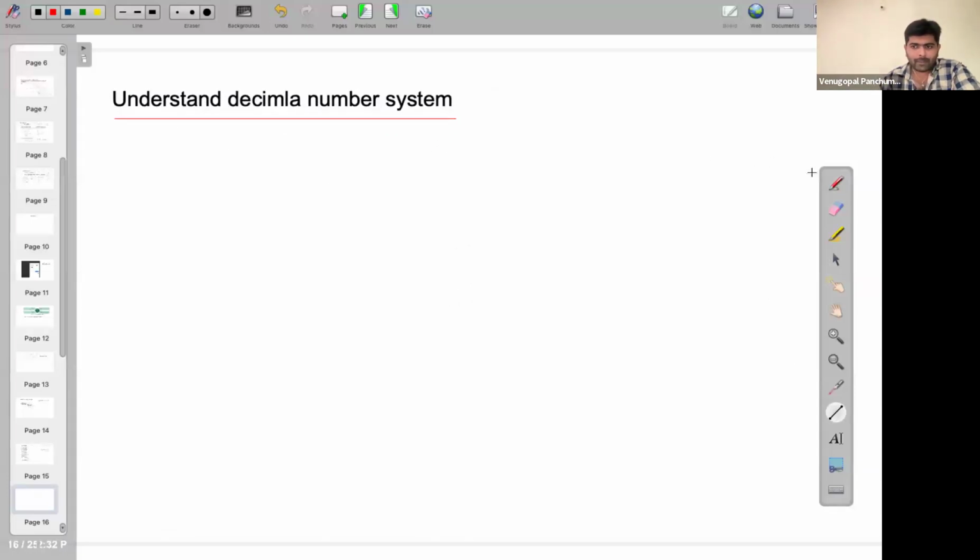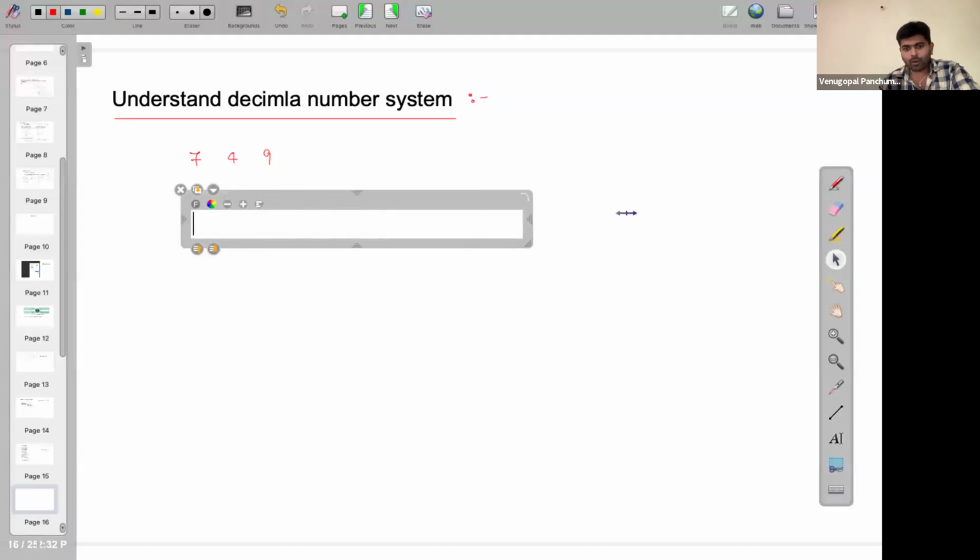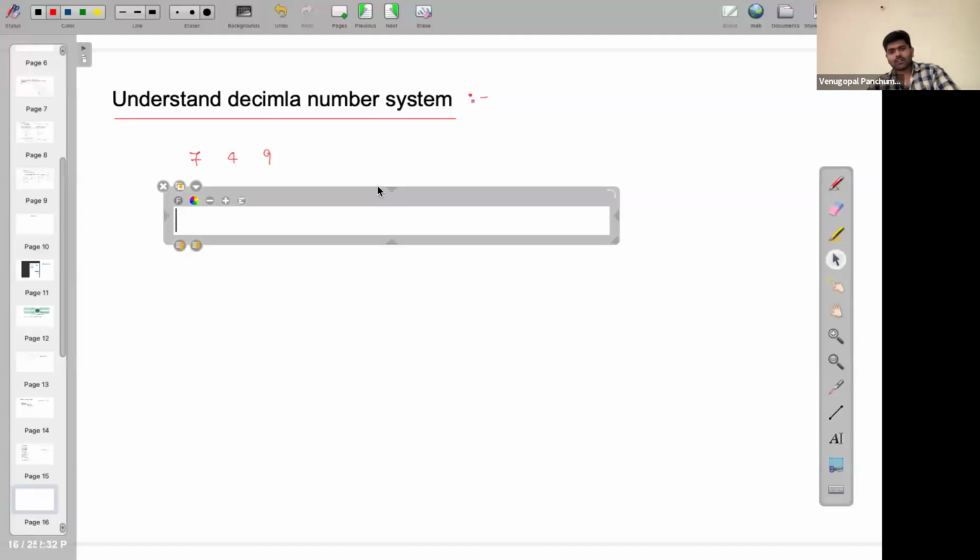If I take one number like this, 749, how are you going to pronounce this? If I take n is equal to 749 in decimal.